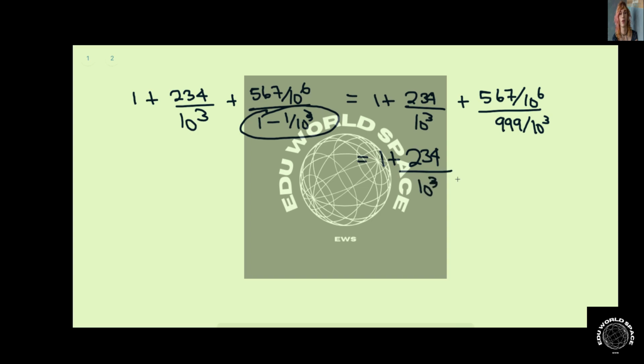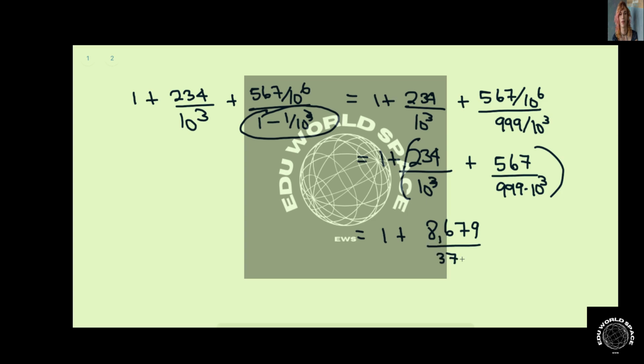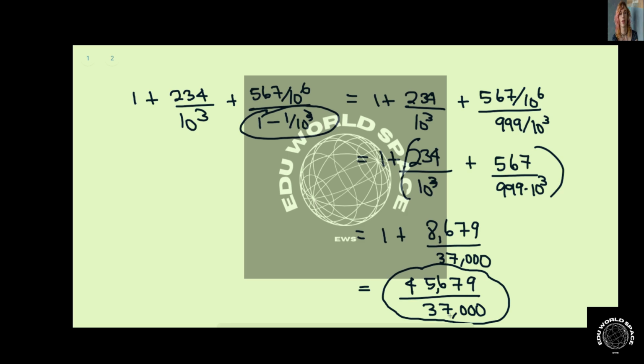And then we have, after canceling up here, and then maybe we can add these two fractions first. 8, 6, 7, 9 over 37,000. And then get another common denominator here. So 45,679 over 37,000, and that's our final answer.